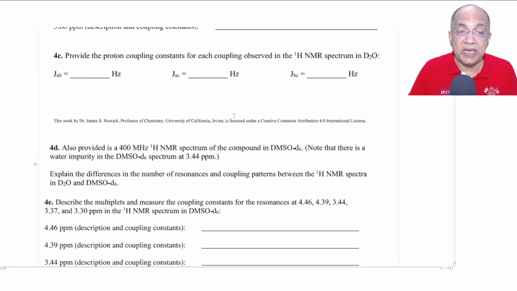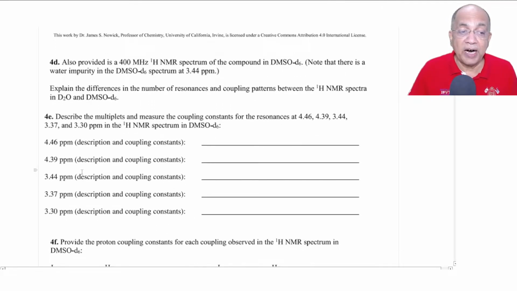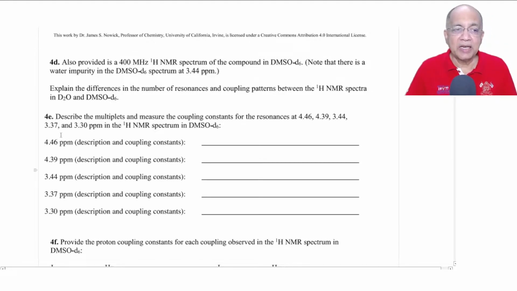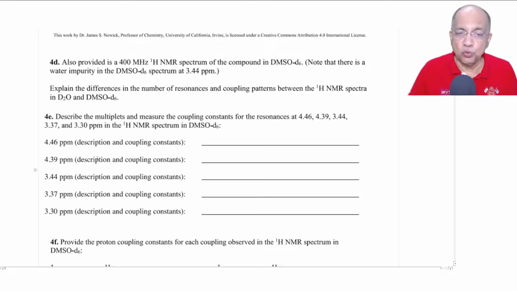Instead of 3, here we are getting 5 resonances. The earlier 3 have slightly changed their positions, and these 2 were not there, but we are getting them here in DMSO for the same compound. These are the 5 proton peaks in DMSO-d6. Now it's saying that the 3.44 ppm peak you have to ignore. It is due to water impurity.